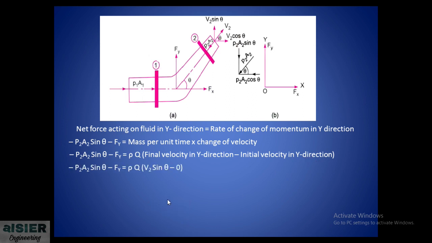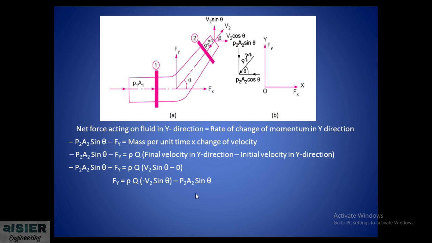In this case we don't have an initial velocity along the y direction, only the final velocity. So our equation becomes minus P2 A2 sin theta minus Fy equals rho Q into V2 sin theta minus 0. If you want the formula in terms of Fy, then Fy equals rho Q (minus V2 sin theta) minus P2 A2 sin theta. This is the force exerted along the y direction.